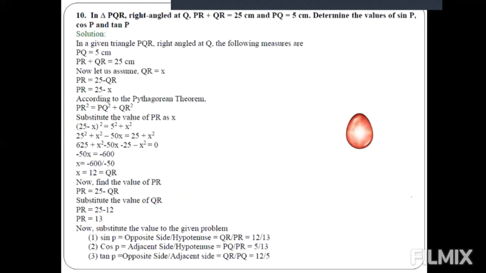Okay, we are up to the class. We are going to finish. In triangle PQR, right angled at Q, PR plus QR equals 25 centimeter and PQ equals 5 centimeter. Determine the value of sin P, cos P and tan P. So just draw a triangle, that is a right angle triangle.